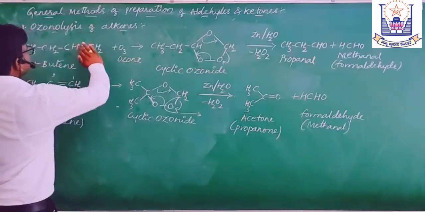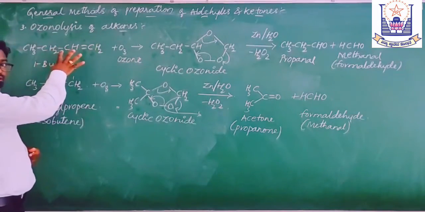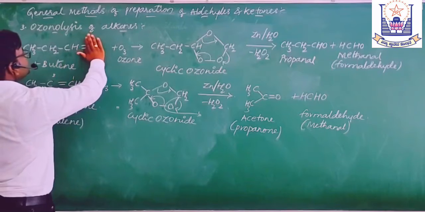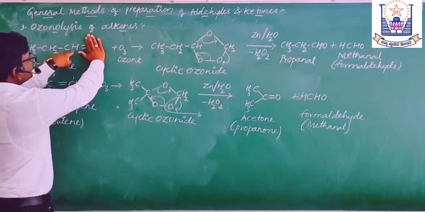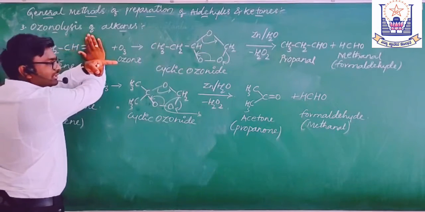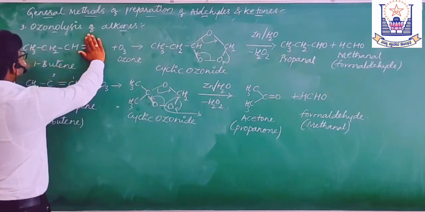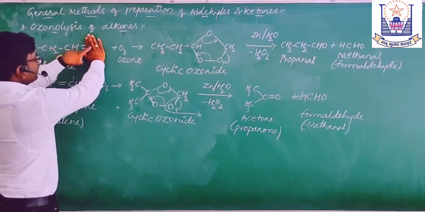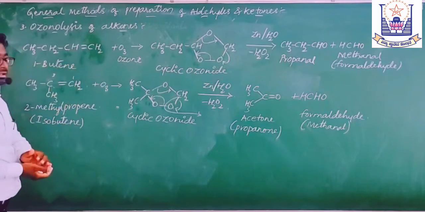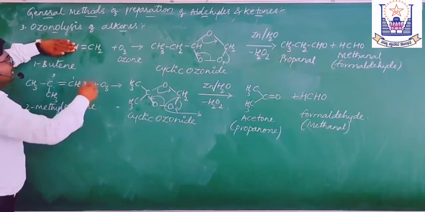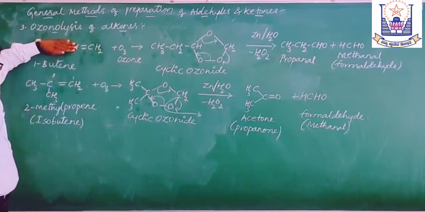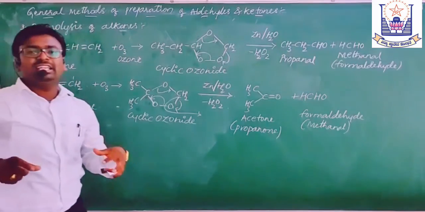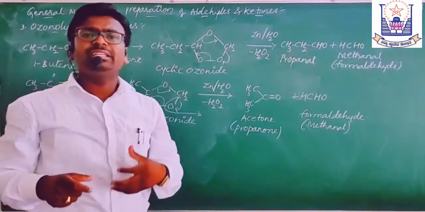How? If this compound is undergoing ozonolysis, close this and put an O. CH3, CH2, CHO. Okay, there you are getting the product. And here close this, put O, CH2O or HCHO, there you are getting the product. In this ozonolysis reaction, it is easy to predict the product.